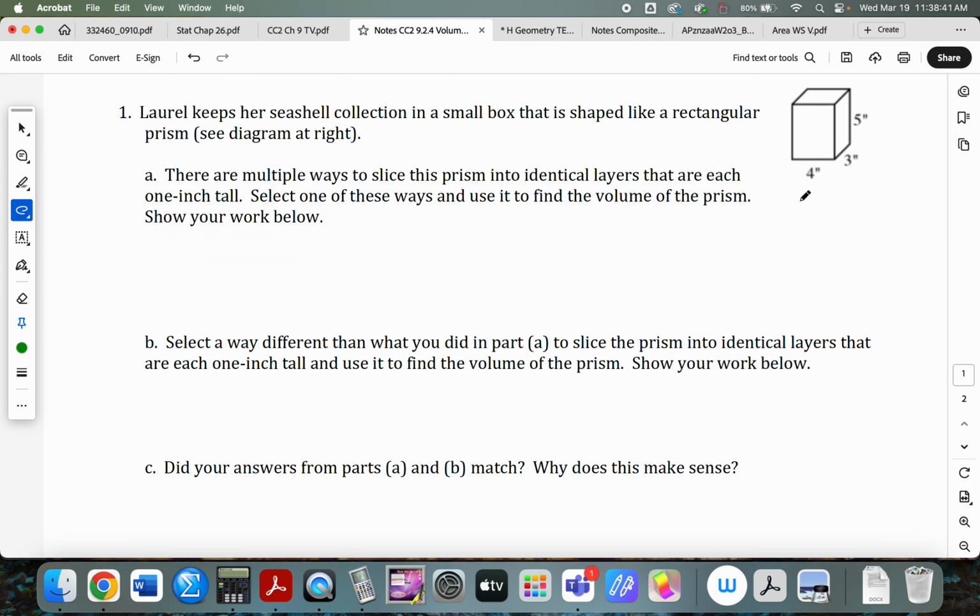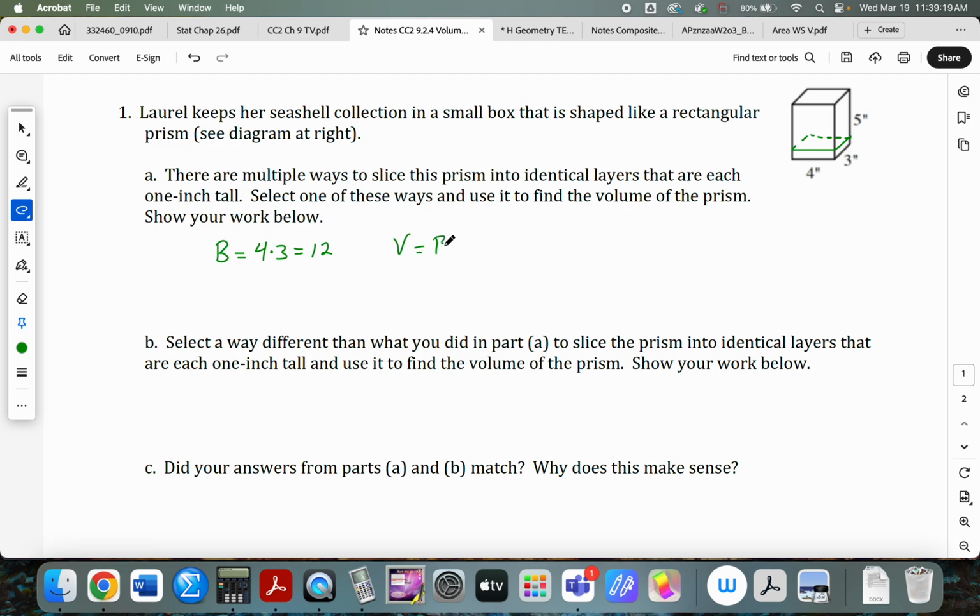So for this one, there's a lot of different ways we could slice this. Most people will go ahead and say, okay, I'm going to slice it like this. So that layer, the area of the base, is going to be 4 times 3 is 12.